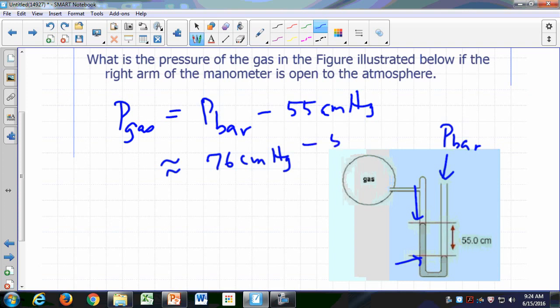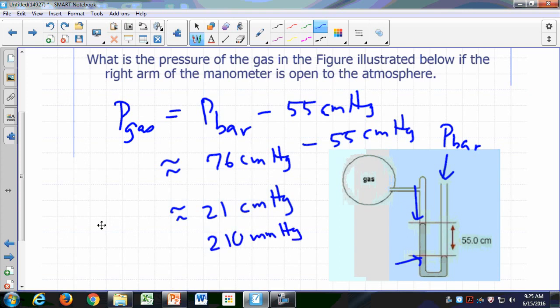So 76 minus 55, and so what's our pressure of the gas here? That would be approximately 21 centimeters of mercury. What would that be in millimeters of mercury? 210 millimeters of mercury. What would it be in torr? Also 210 torr.